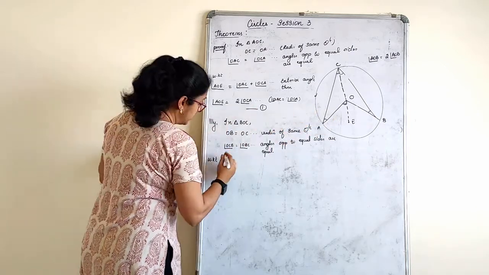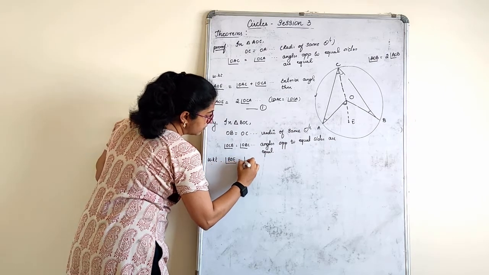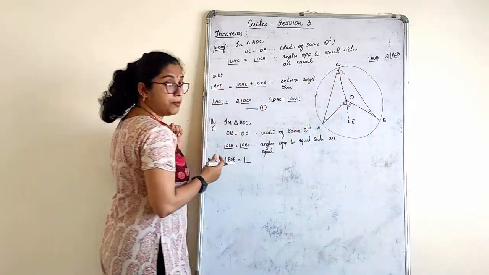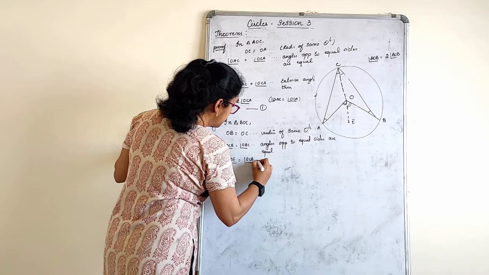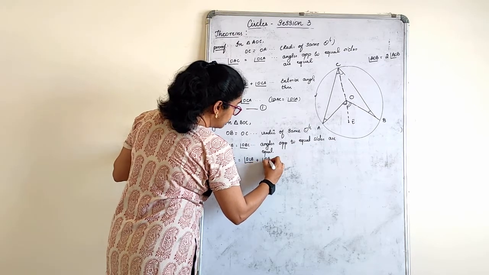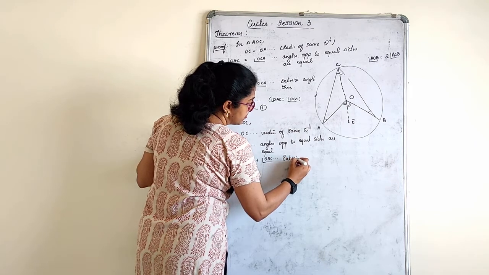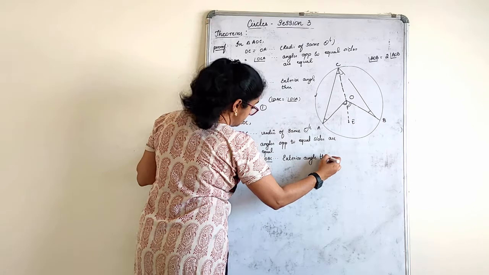Again, we know that angle BOE is equal to the sum of the two opposite interior angles, same as previously, angle OCB plus angle OBC. Reason, exterior angle theorem.